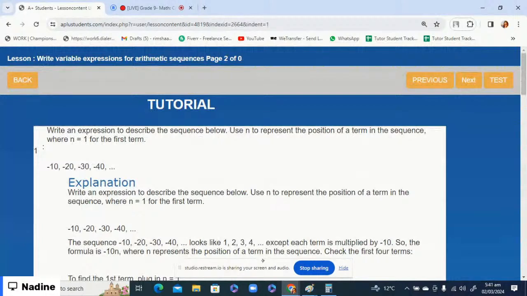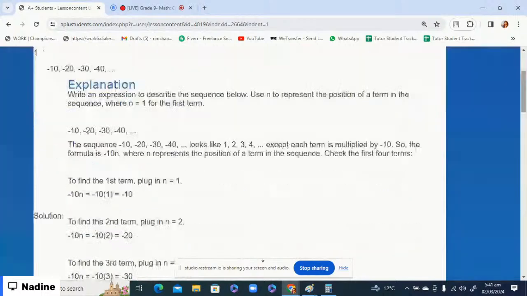Use n to represent the position of the term in the sequence, where n is equal to 1 for the first term. This is minus 10, minus 20, minus 30, minus 40. What does it mean?